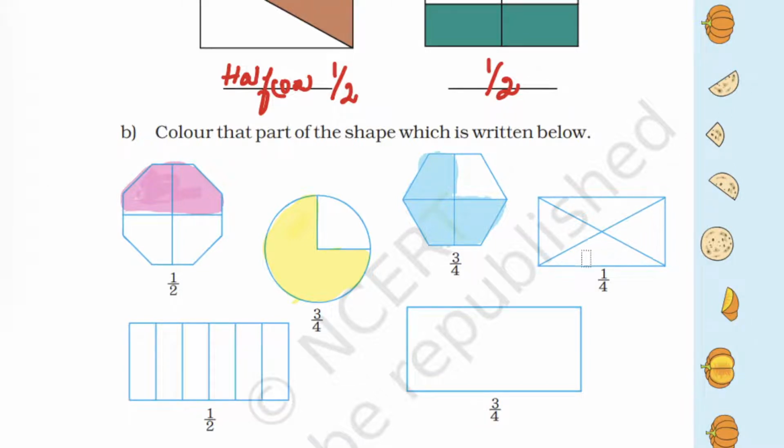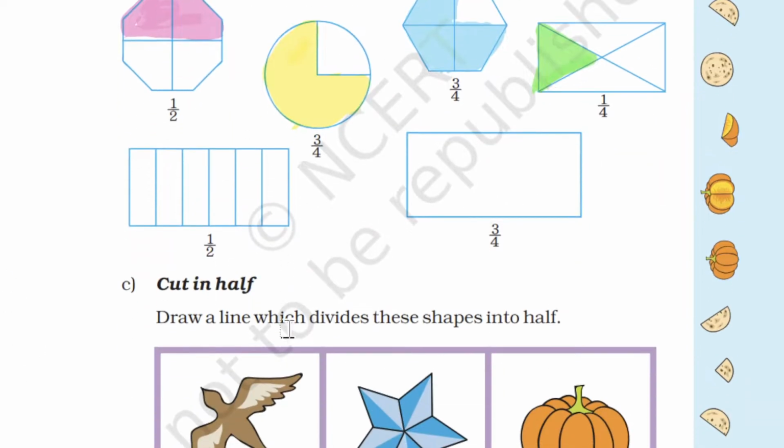So we have to color any one portion for 1/4. So this one is 1/4. The next one is half. So we have 1, 2, 3, 4, 5, 6 parts here. 6 divided by 2 is 3.